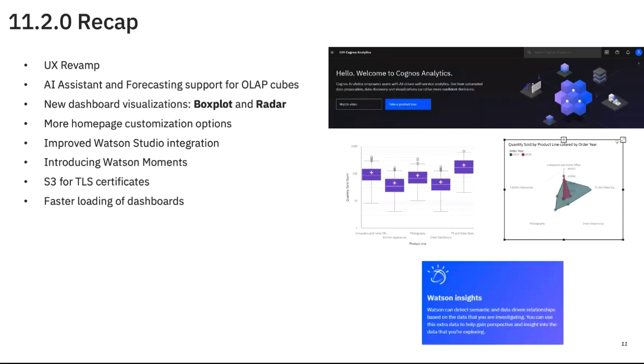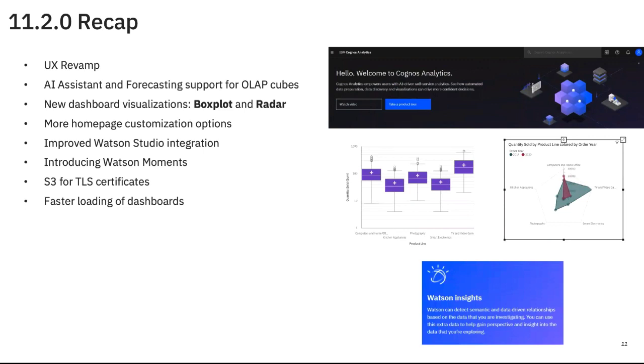11.2.0, of course, was the first release in what we call the 11.2 stream. This was a major release, and there were some important UI changes around the homepage and the content navigation, as well as some more subtle changes throughout the tool. So there were definitely big improvements in usability starting with the 11.2.0 release.